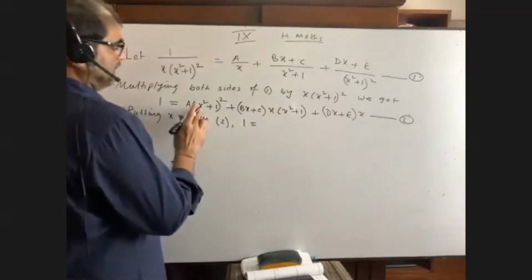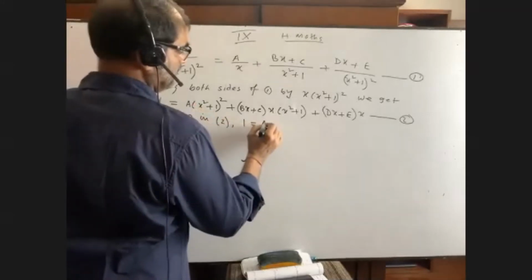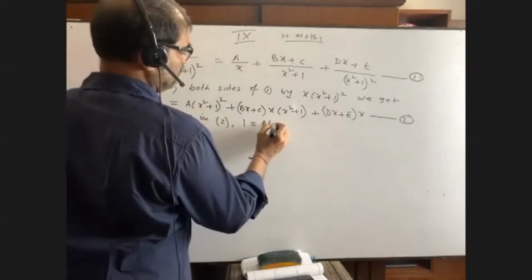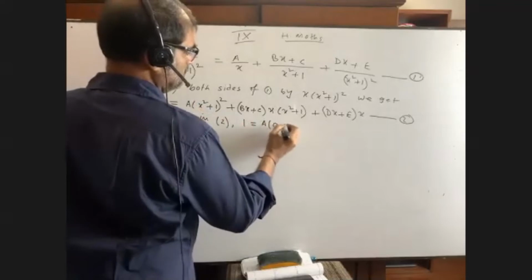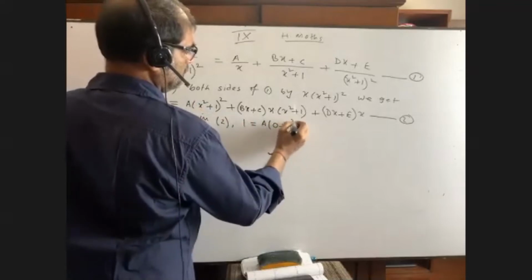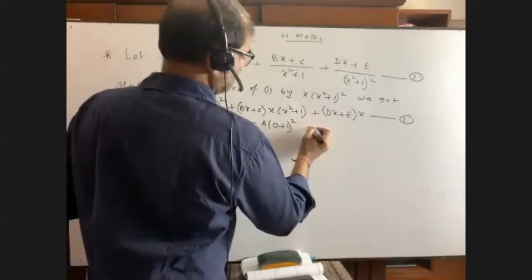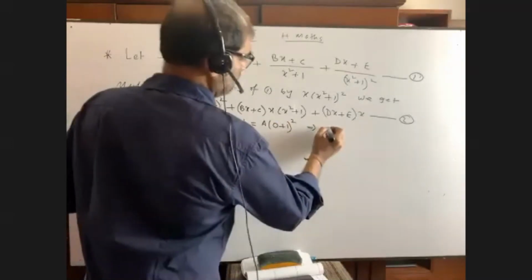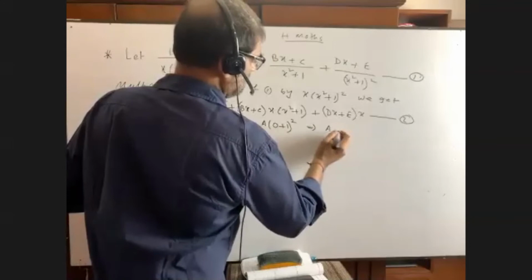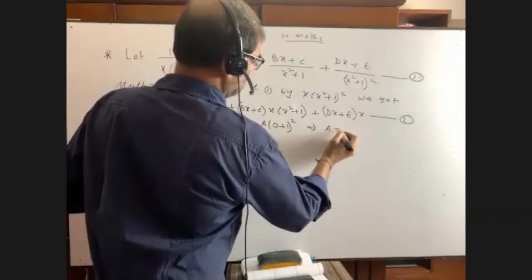We are getting here 0. That means a into 0 square means 0 plus 1 whole square. That means a equals to 1.